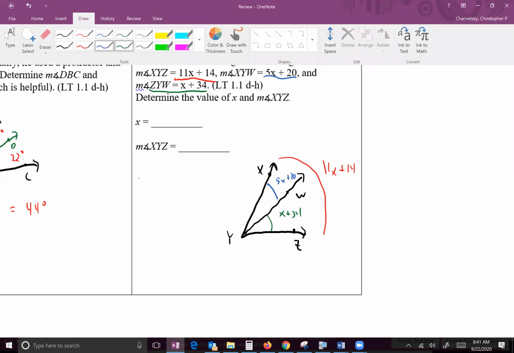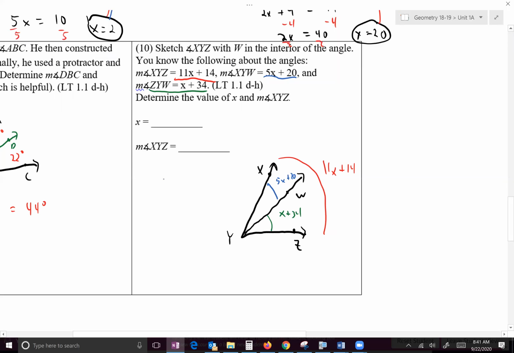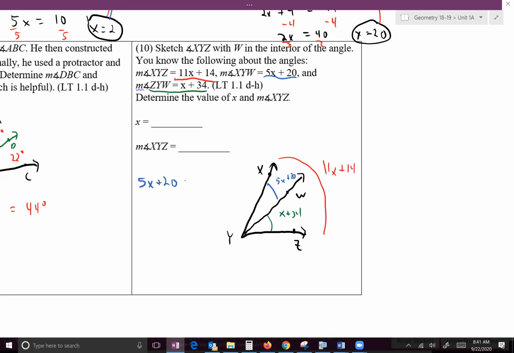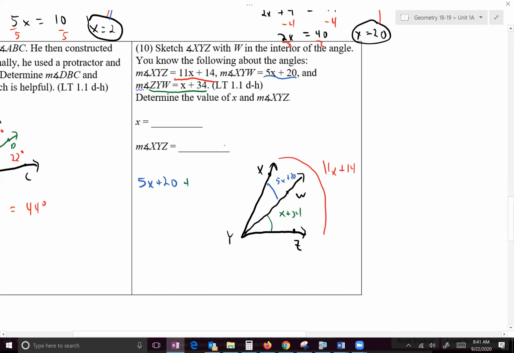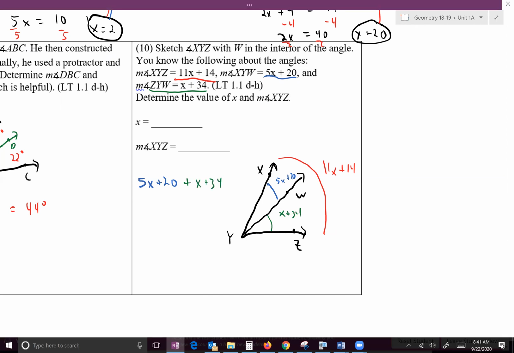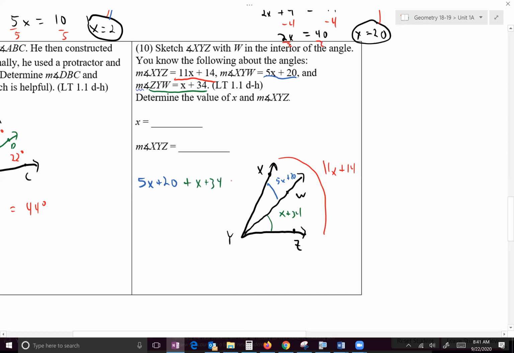You take the two smaller parts, add them up to the entire thing. So we got 5x plus 20 plus x plus 34 equals 11x plus 14. Okay.